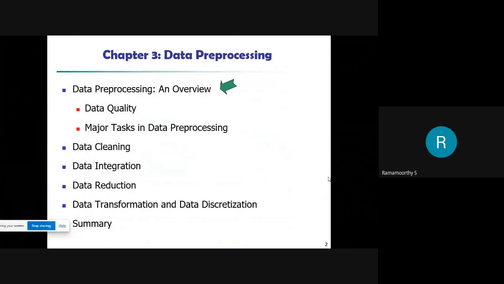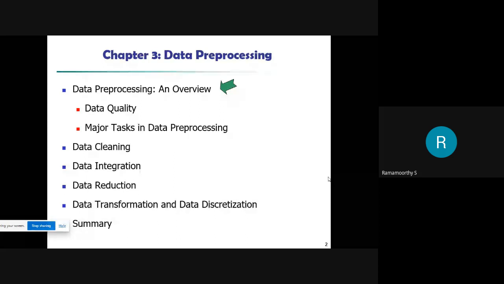Okay, today's session we are going to discuss data pre-processing techniques. The objective of data pre-processing is to achieve maximum data quality before it gets processed by the data mining algorithm, right?